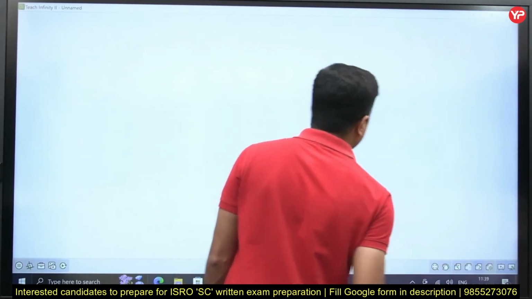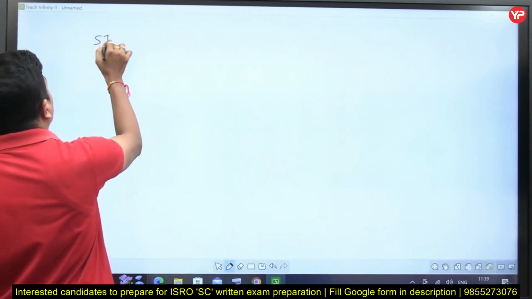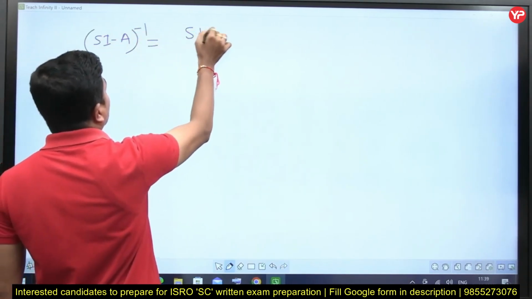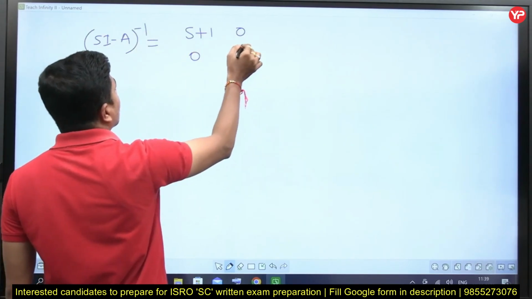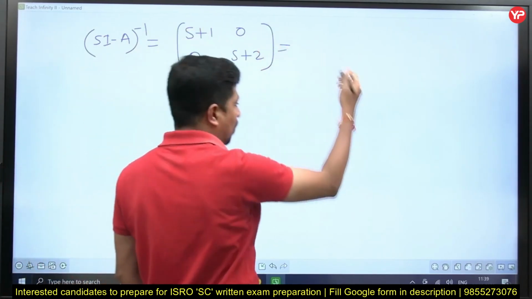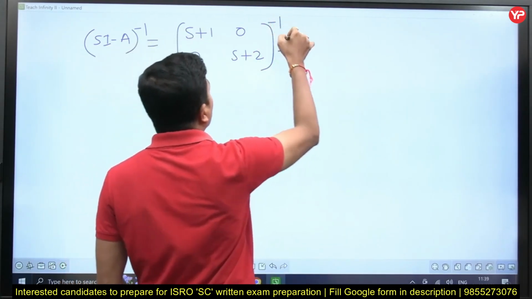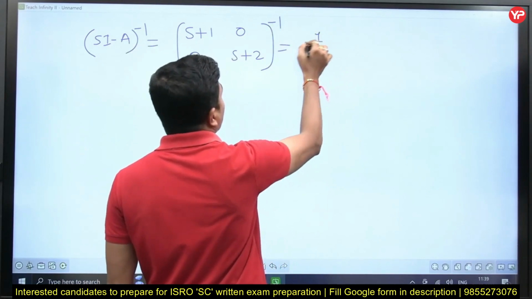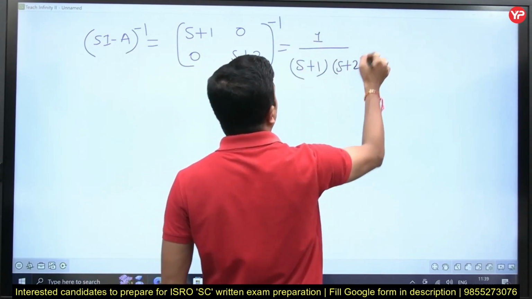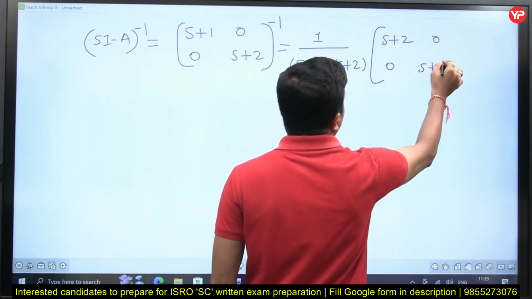So (sI minus A) whole inverse, what is the matrix we are going to get? We have [s plus 1, 0; 0, s plus 2]. How to find the inverse of the matrix? That is 1 by (AD minus BC), 1 by (s plus 1)(s plus 2), times [s plus 2, 0; 0, s plus 1].